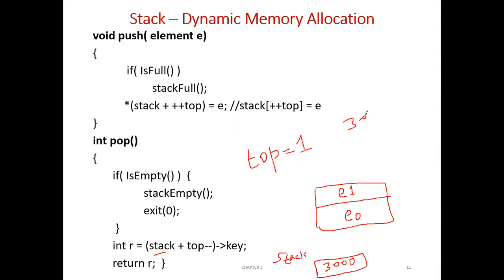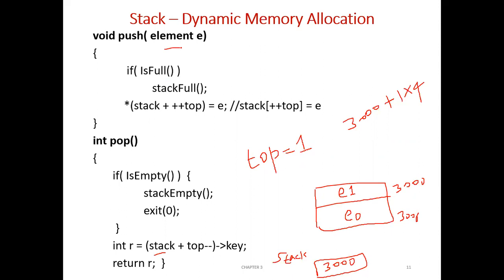The scale factor is 4, so it is 3004. The starting address of the first element is 3000, and the starting address of the next element is 3004. But E1 is something of type element.